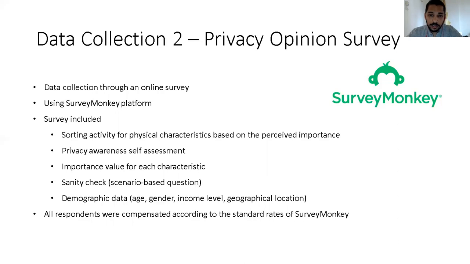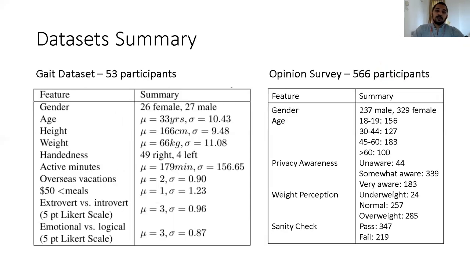Let's look at the results, data collected here. These are the two collection summaries. In the Gait dataset, we have 53 participants, about 26 females and 27 males. And in the opinion survey, we have 566 participants giving their opinions about different values for the attributes.